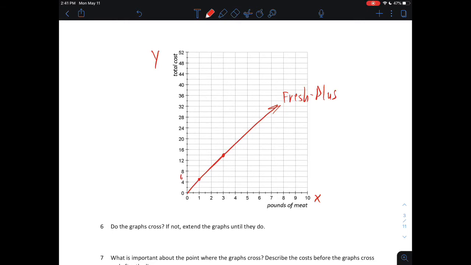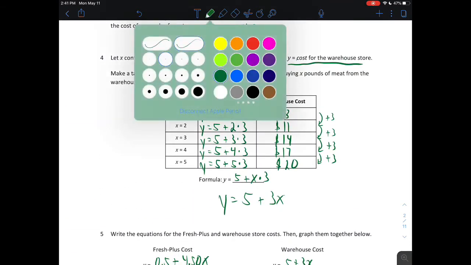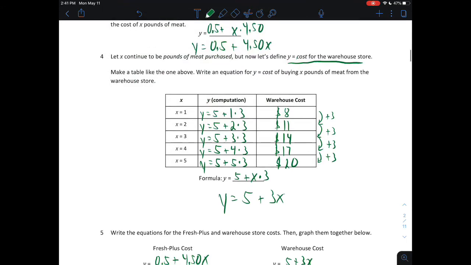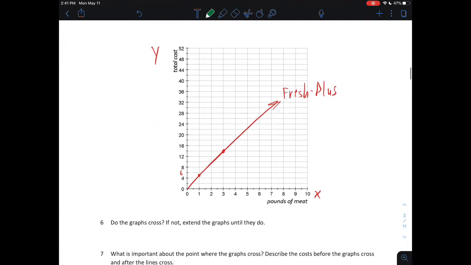I'm going to use a different color for my other graph. So now, using green, for the warehouse, when x was equal to 1, the warehouse cost was 8. So I'll go to 1, and I'm going to follow from 1 up to the 8 vertically. That gives me a point.